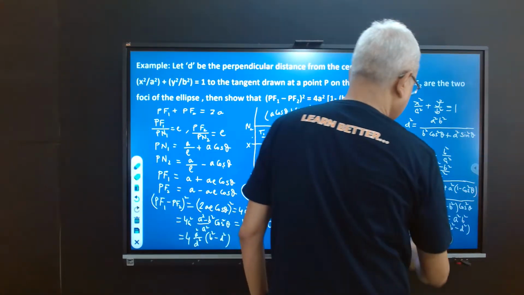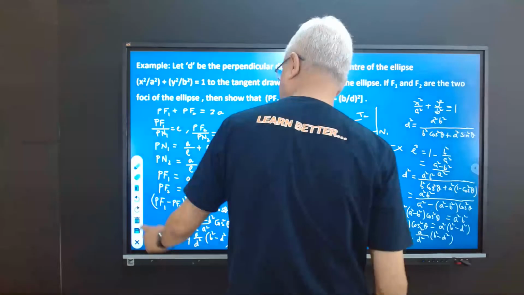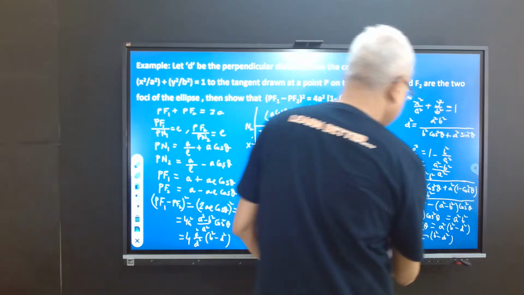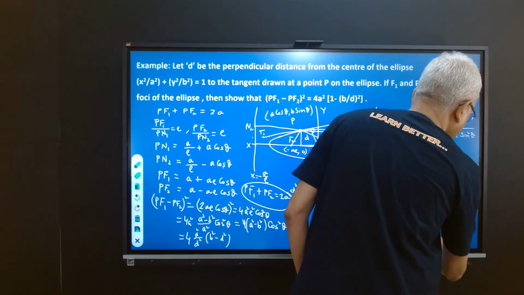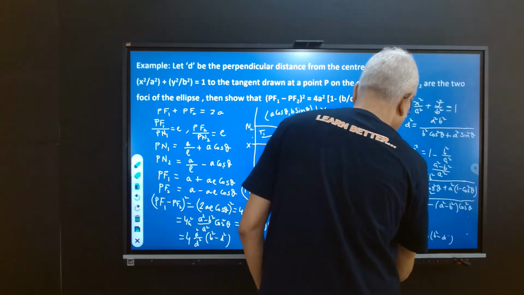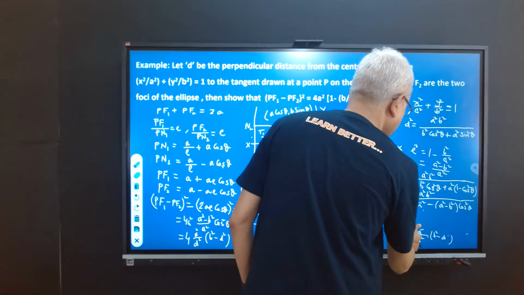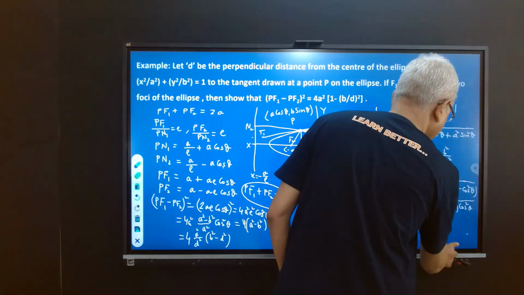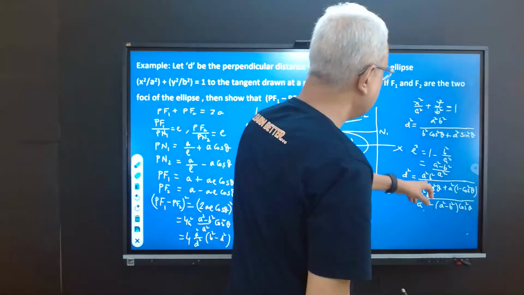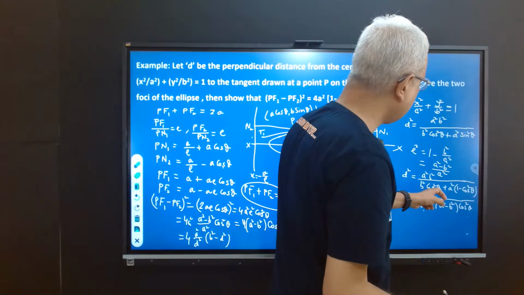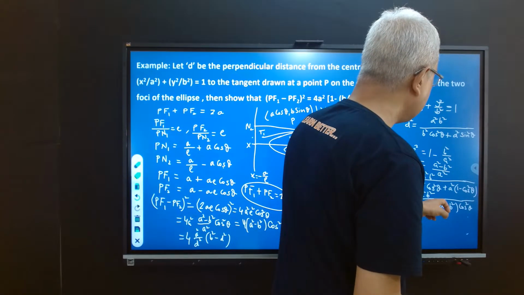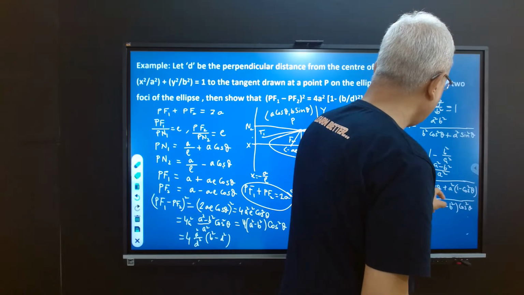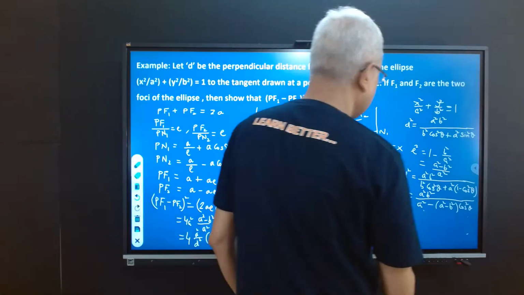Okay. So it is basically, let me remove this. I just want to find out the expression for a square minus b square cos square theta. So see here, it is a square b square by (b square cos square theta plus a square (1 minus cos square theta)). So it is a square minus b square cos square theta.